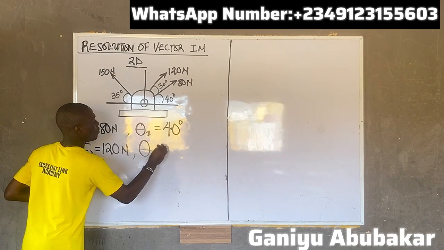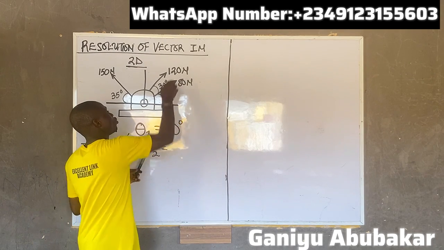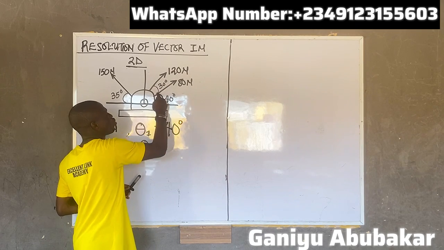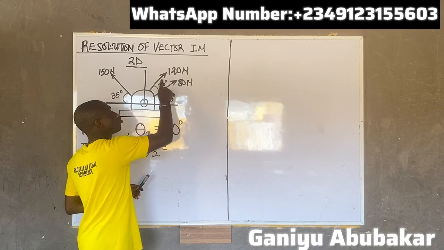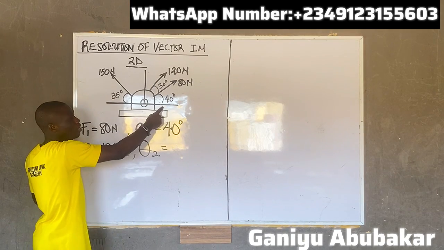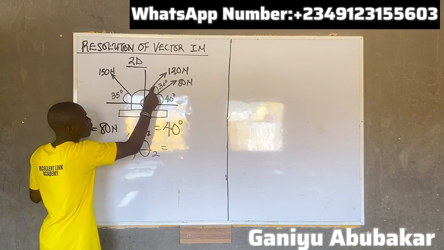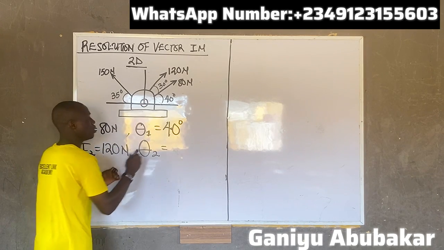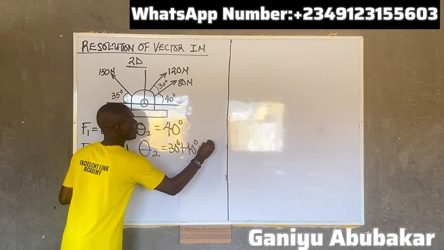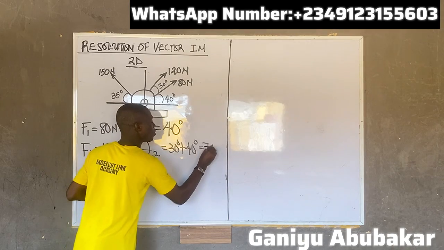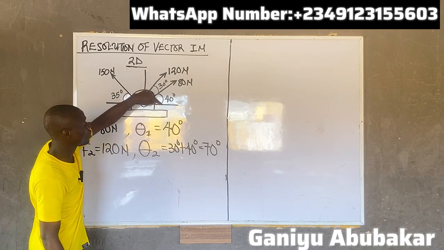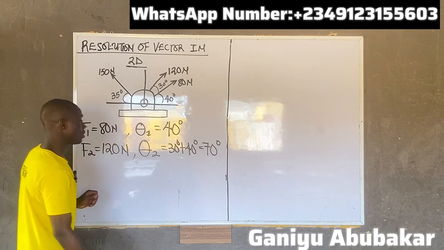For F2, the angle shown here is 30, but I can't take 30 as the total angle for the 120 Newton force. The total angle is everything from here to the horizontal, so that is 30 degrees plus 40 degrees, which gives 70 degrees. So theta 2 is 70 degrees.